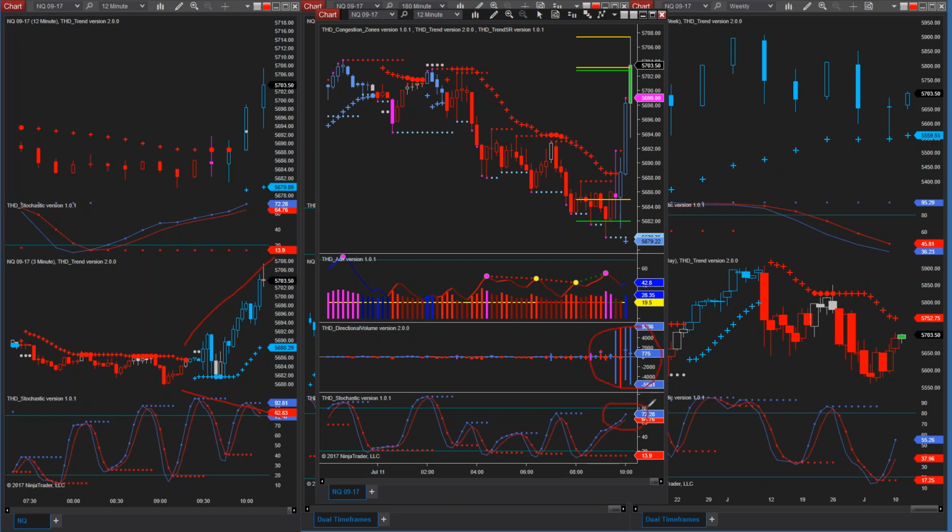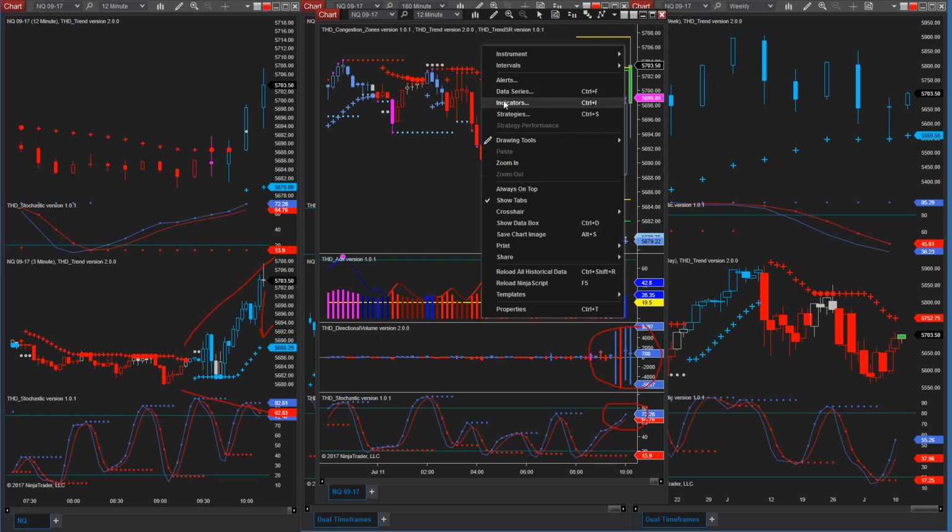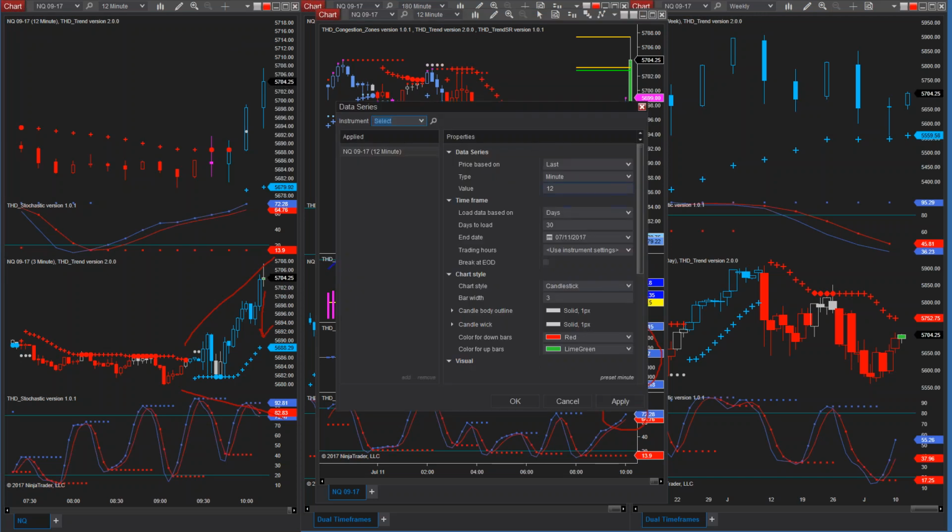Now we're almost at the point of being overextended, but we're not quite there yet. So this tells me we might retrace back to this ATR, but more than likely we're going to continue up a little bit.